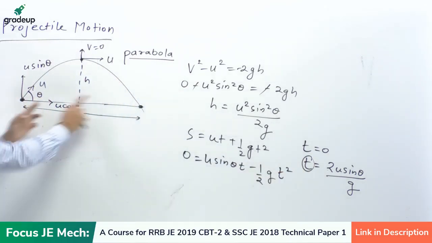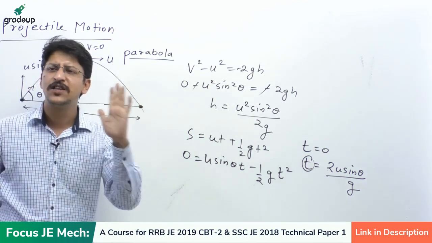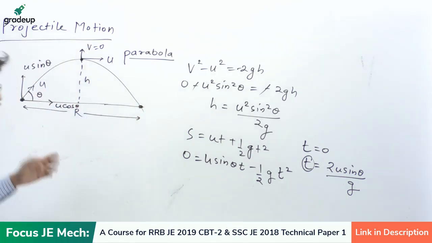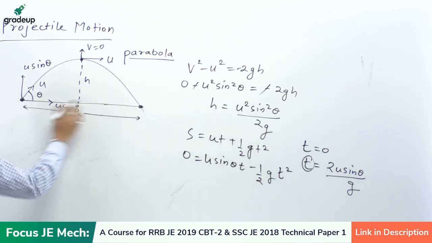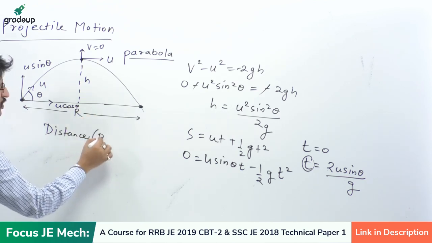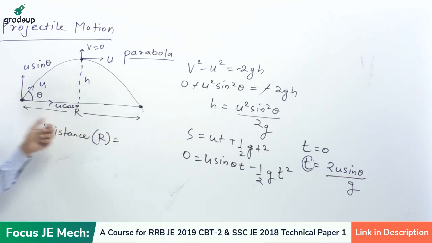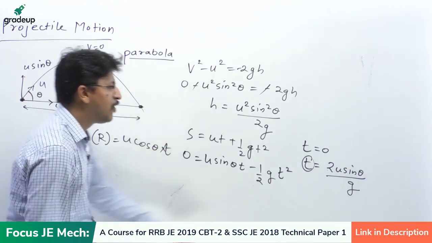And in the horizontal direction, you can see that there is no acceleration working. Only the acceleration in the vertical direction is working, that is equal to g. So you can simply write the distance covered in the horizontal direction, that is r, is equal to your velocity, that is u cos theta, multiplied by your time of flight.